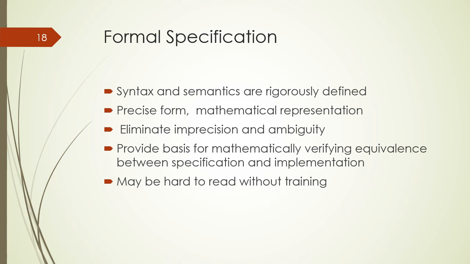Because formal specification has a concrete syntax and a semantics which are rigorously defined, and it has a precise form and a mathematical representation. Formal specification eliminates imprecision and ambiguity, as well as the incompleteness of informal specification.